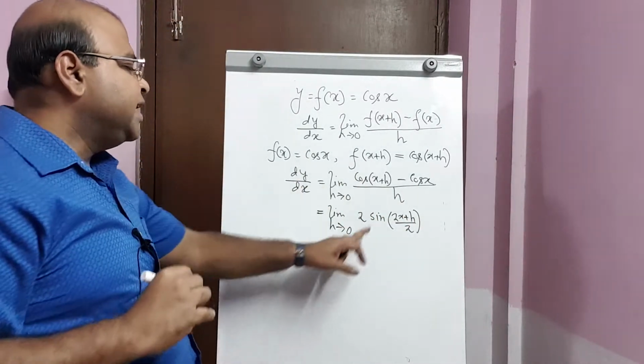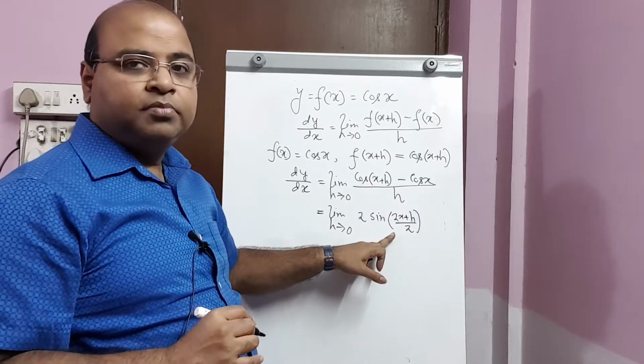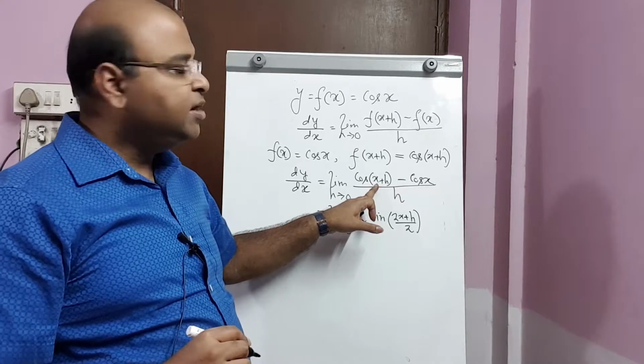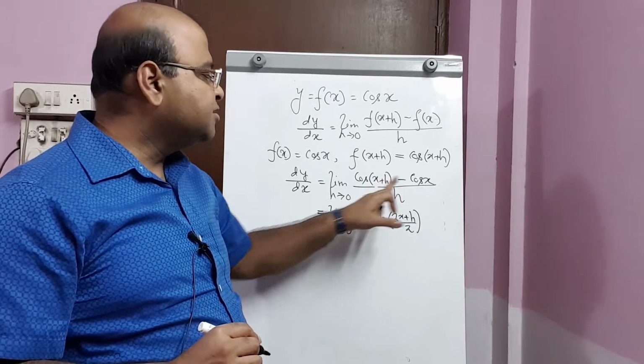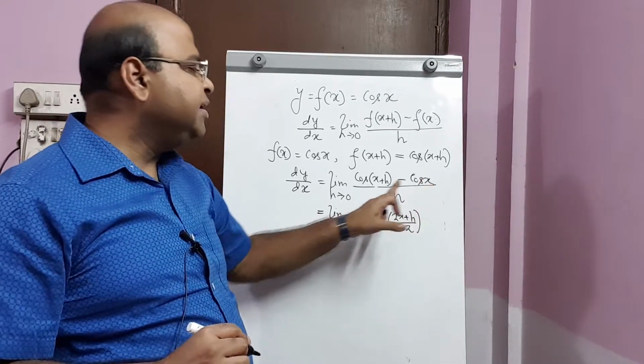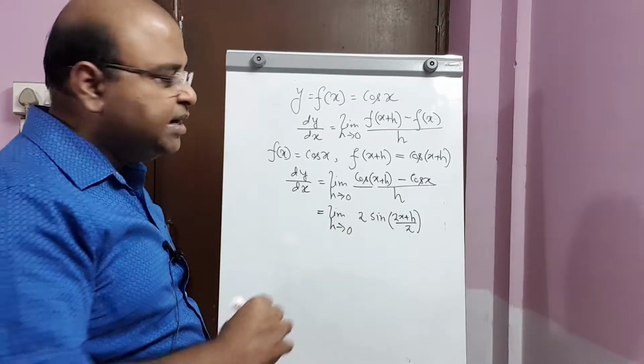So this is 2 sine of (c plus d) by 2 multiplied by sine of (d minus c) by 2. Mind that here the formula is 2 sine of (first plus second) by 2, then multiplied by sine of (second angle minus first angle) by 2.